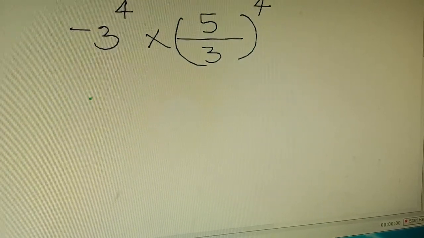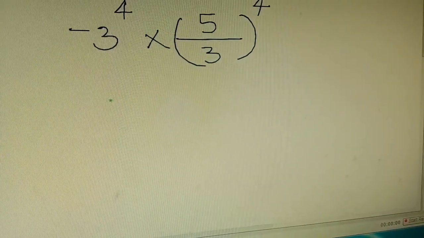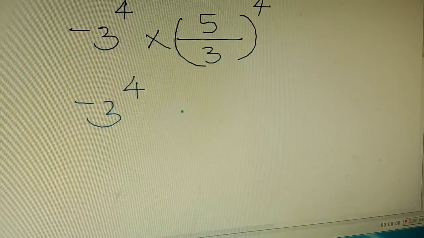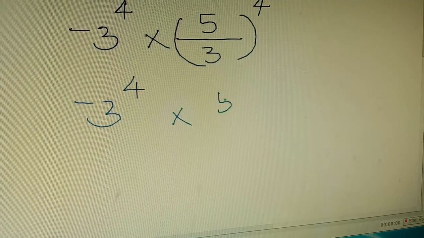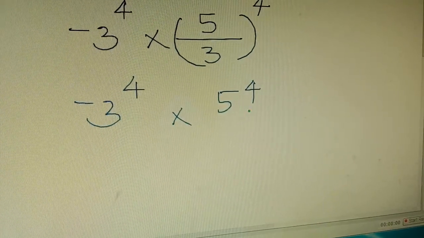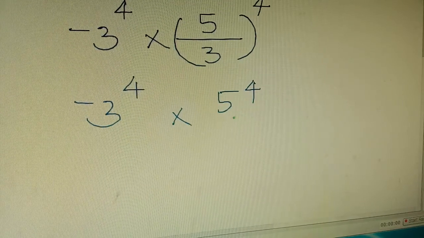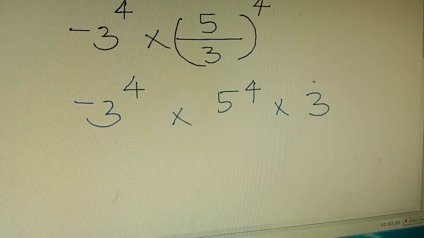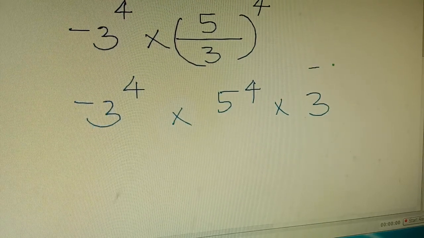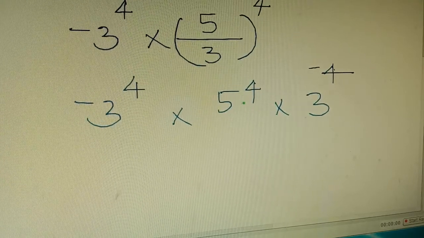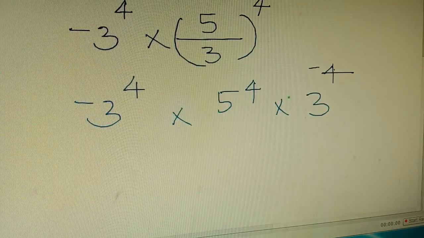Here the answer is needed in exponential form only, so we can write it as minus 3 to the power 4 times 5 to the power 4 times 3 to the power negative 4. This 3 is in the denominator, so 3 to the power of negative 4.